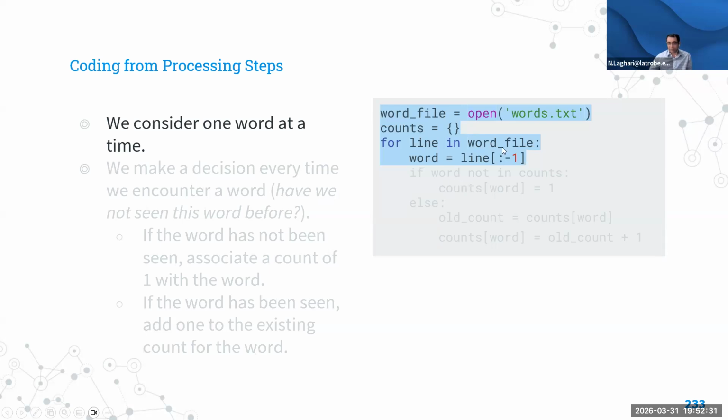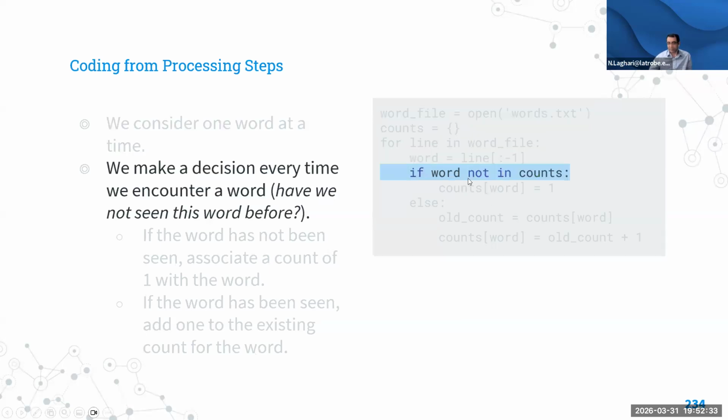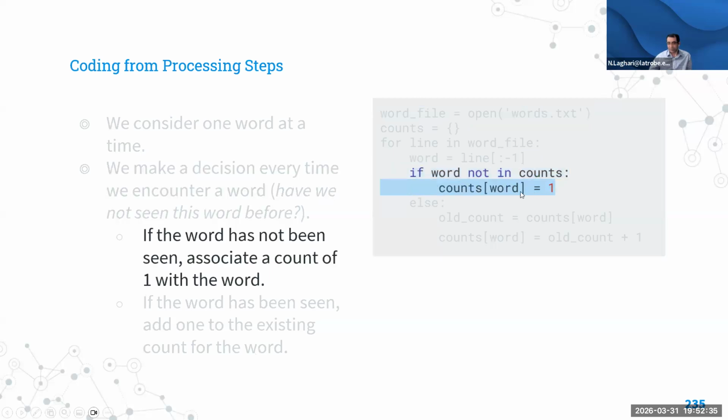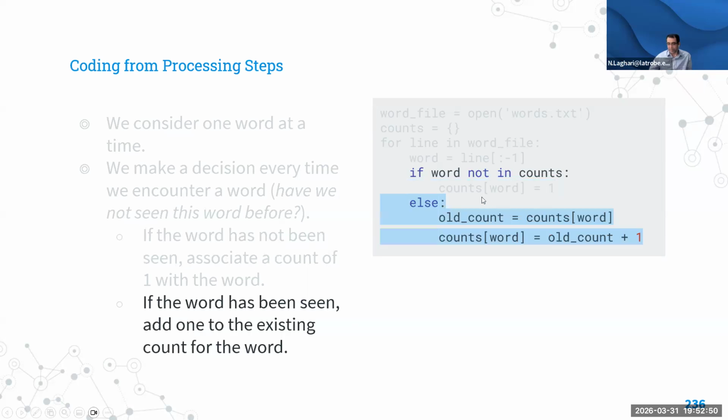So we read from the file and we filter the word in counts. So count is a variable, and we say that word is 1. So if the word has arrived at least once, we initialize it with 1. Else old count is counts dot word, and count words equal to old count plus 1. So whatever the word was already there, we are adding 1 to it.